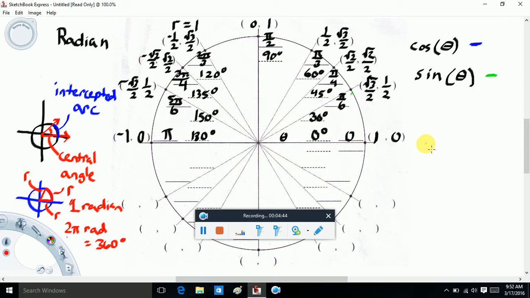So converting radians to degrees, you use the following formula. Multiply by 180 over pi.